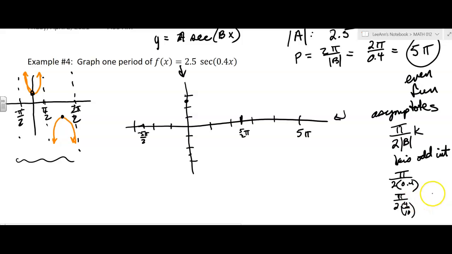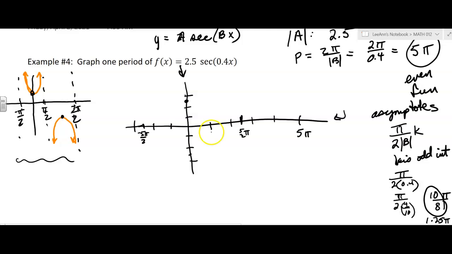But then you have to invert and multiply, so it's going to be 10 pi over 8. And then you could figure that out as 1.25. That you could do on a calculator. 1.25 pi. Okay, so, do the calculation, but do it in terms of pi. I guess that's what I'm trying to say. So that'll be easier for you. So now we know where an asymptote is.